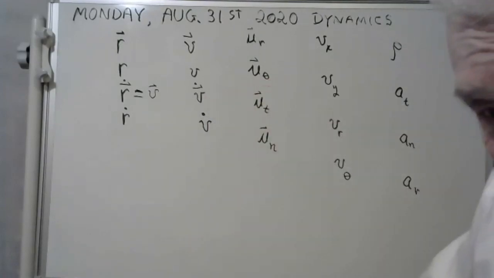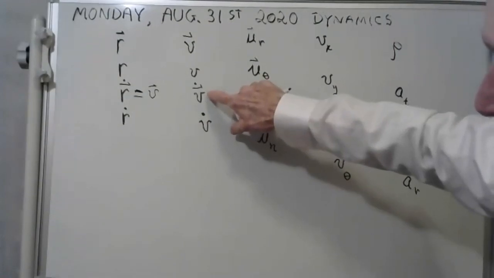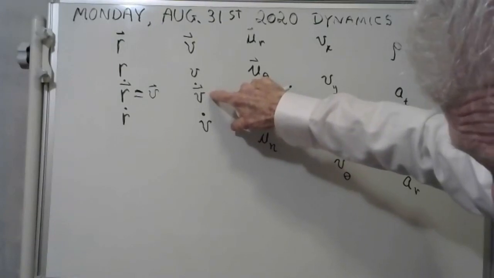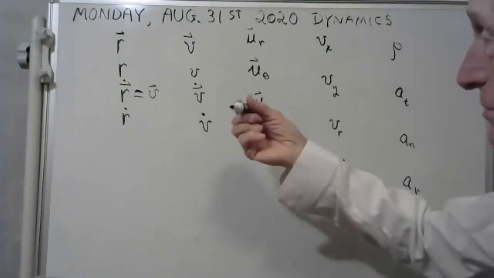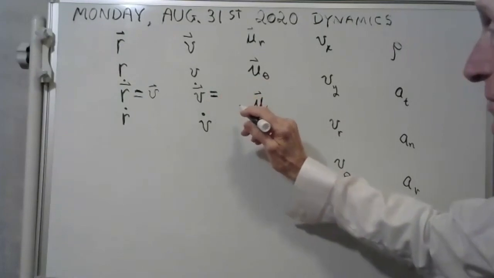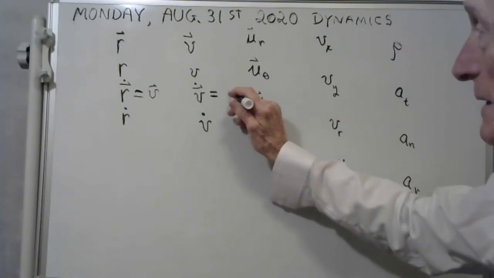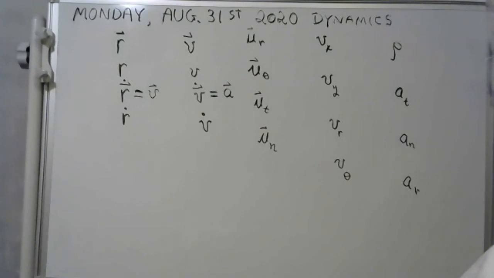Braxton, tell me the name of this one. That's the derivative of the velocity vector. Yes, it's the derivative with respect to time of the velocity vector. Very good. And it's equal to something. Braxton, it's equal by definition to the what? Acceleration vector. Yeah, it's equal to the acceleration. The acceleration is the derivative with respect to time of the velocity.